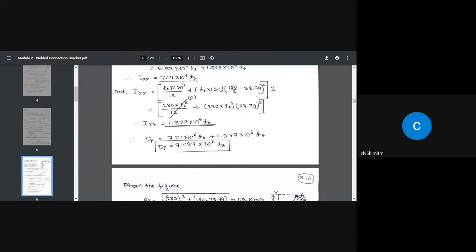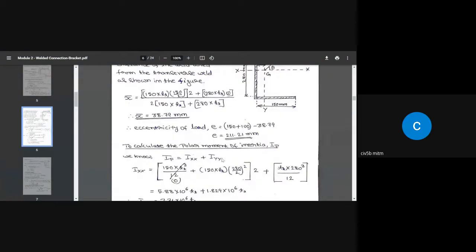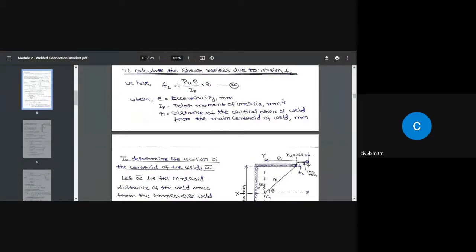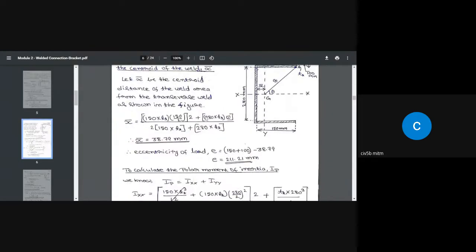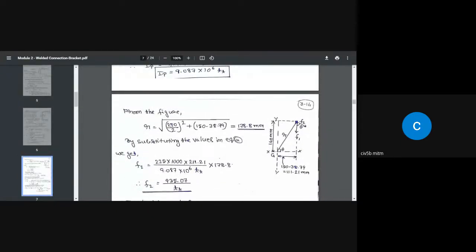Once you have the Ip value, let us go back to the formula. So this is the formula. We know Pu, we know the eccentricity, we know Ip, we know R. This is the R distance. I don't know whether we have calculated R or not. Let me see. So R we are calculating here.